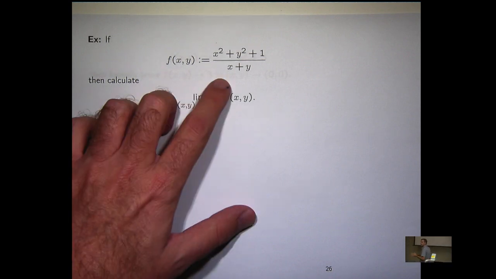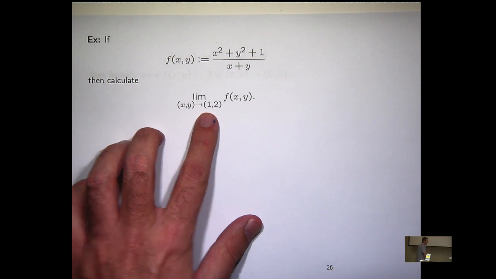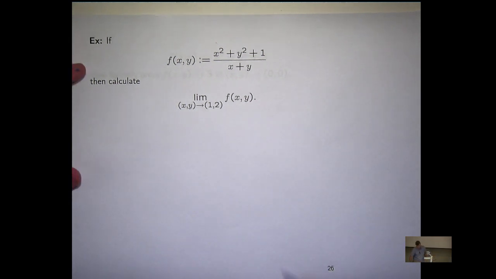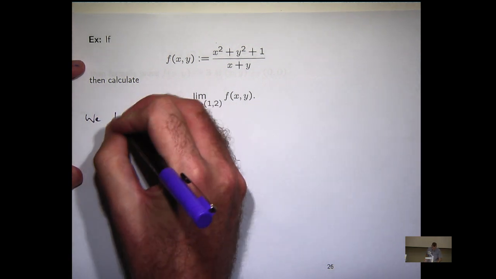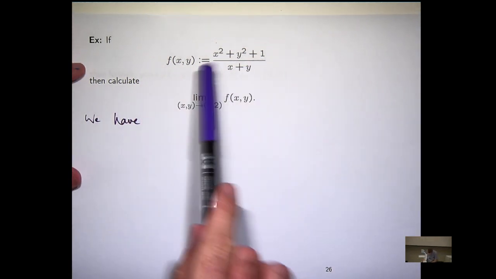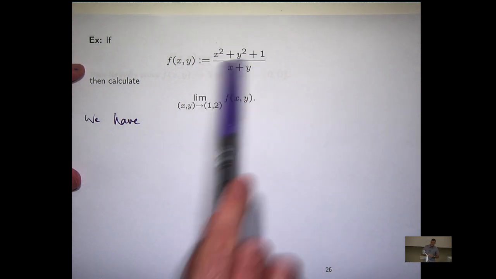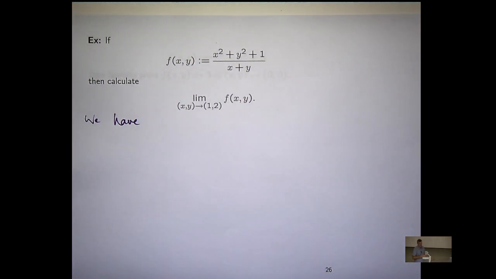All right, here's a function of two variables. Calculate the limit as x, y approaches 1, 2. Now, let's just look at the limit of the top. I've got a polynomial on the top and a polynomial on the bottom.